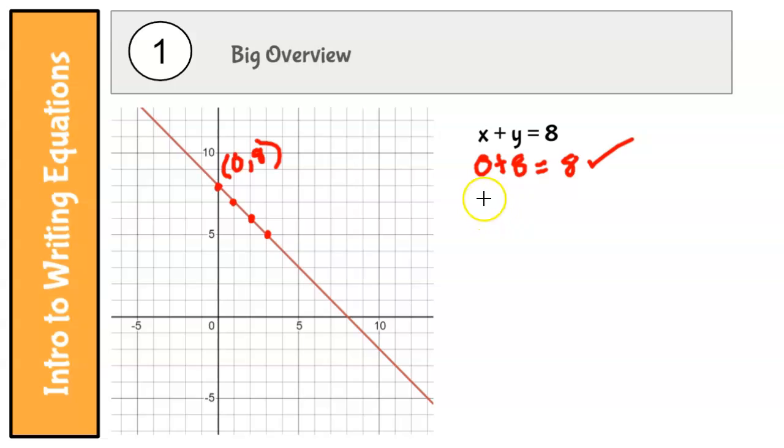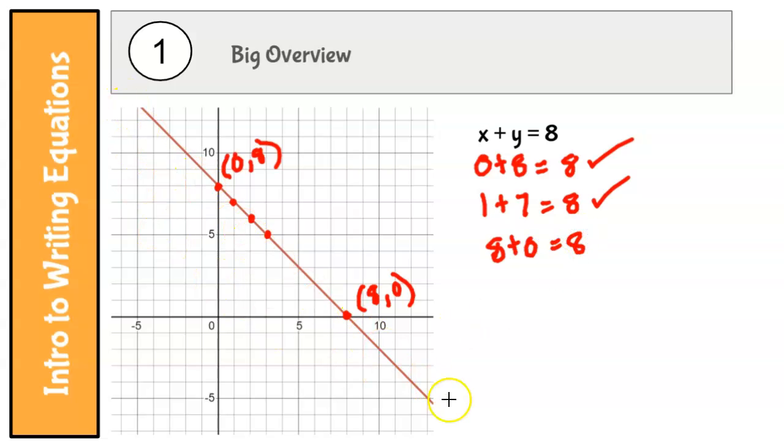I have (1, 7), which does in fact equal 8. I have (8, 0), which does in fact equal 8. So you can see every point on this line is a solution to this equation.